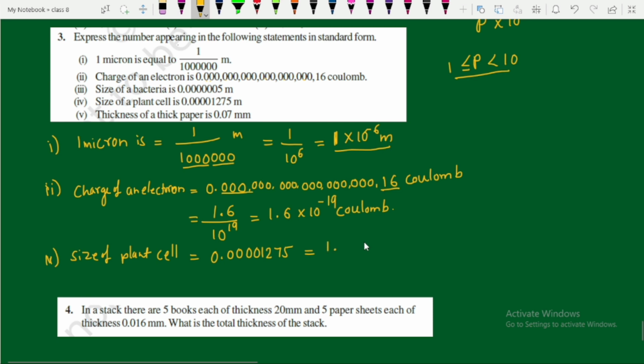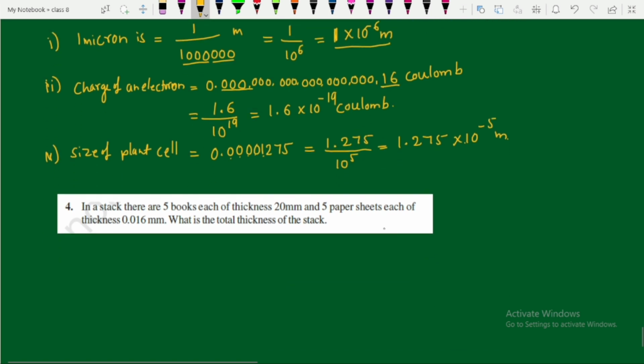So it should be 1.25. How many zeros are there? 1 2 3 4, and one more place we shifted, so it is 5, 10 to the 5. So it is 1.25 into 10 raised to minus 5 meter. In this way you are going to write the answer.